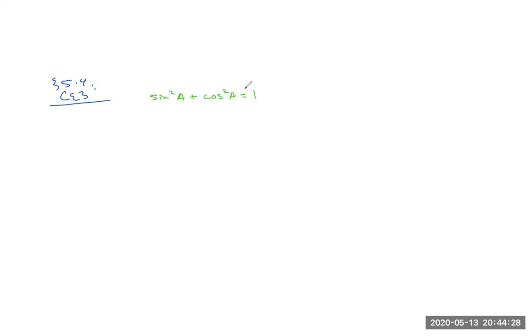You could plug in your values first to find sine A and back solve, but I like to go ahead and just solve this general formula first. I want to isolate sine A. So let's do that. Sine squared A equals 1 minus cosine squared A. Take the square root of both sides. Don't forget your plus minus in front.